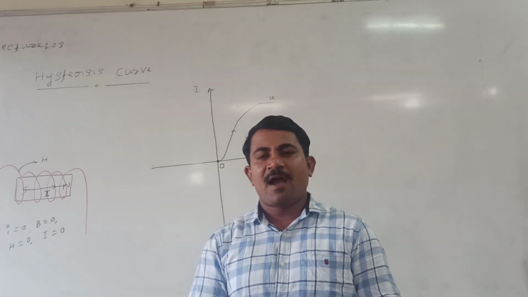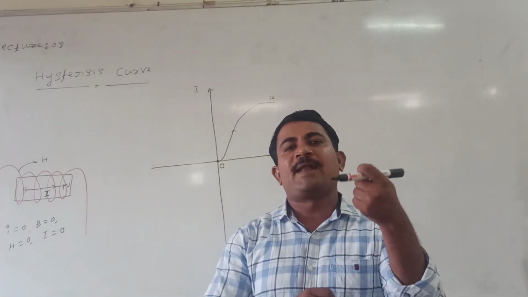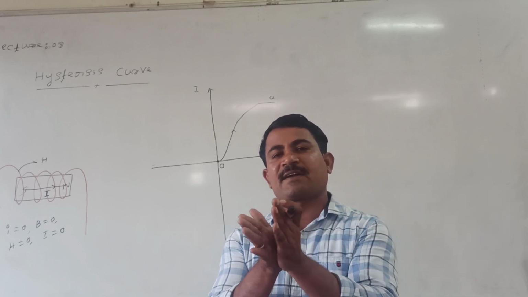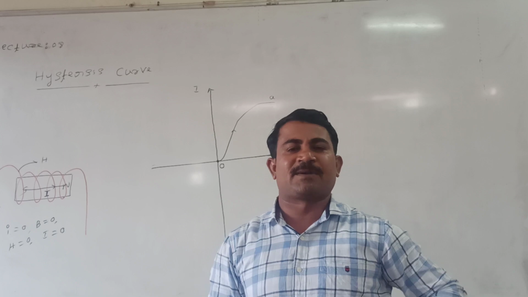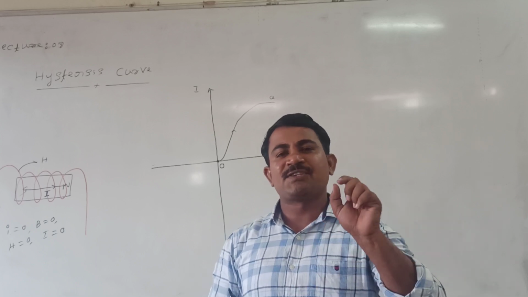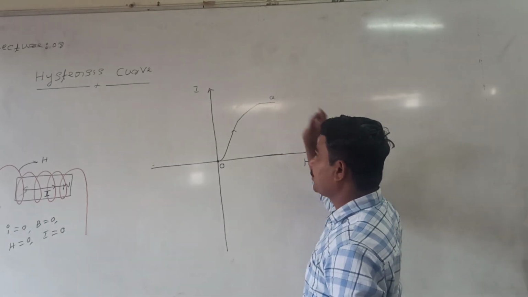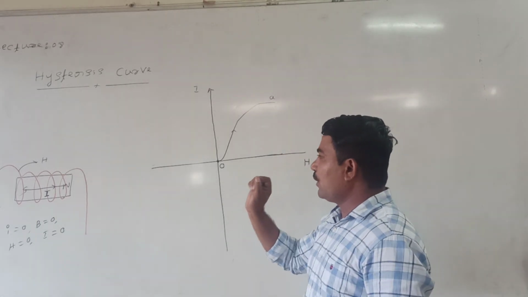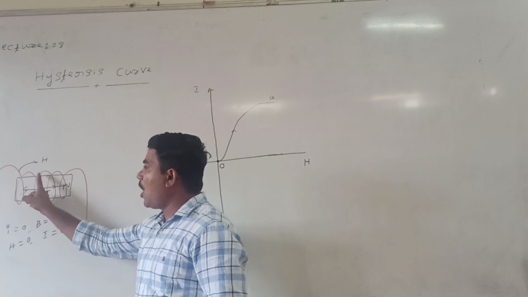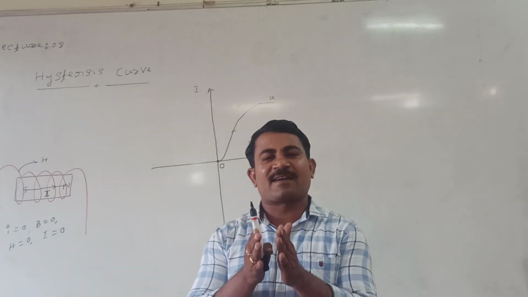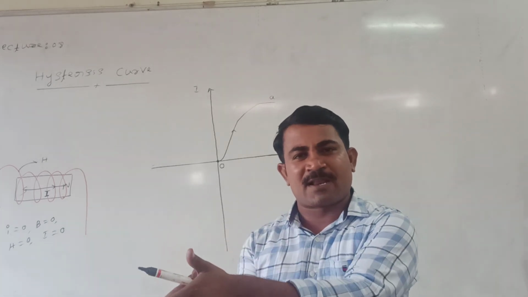Saturation point means that at a particular value of applied magnetic field, all magnetic dipoles align exactly parallel to the direction of the magnetic field, in such a way that there is no further alignment. What is the physical significance of this saturation point? At a particular value of applied magnetic field, all the magnetic dipoles in a ferromagnetic material align exactly parallel to the direction of the magnetic field.